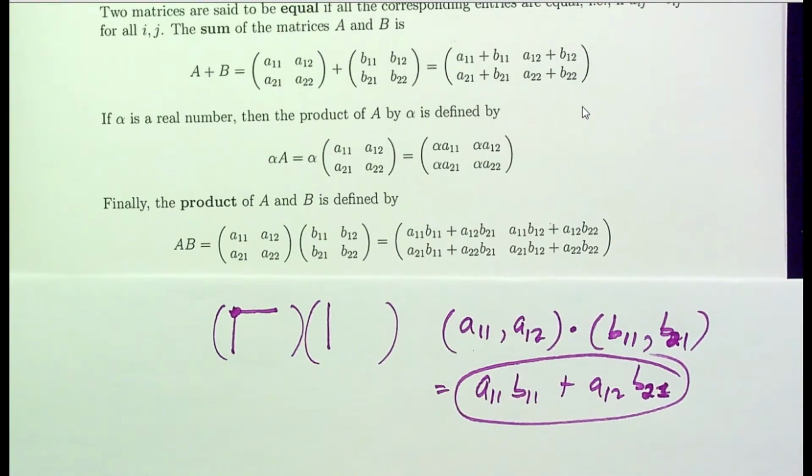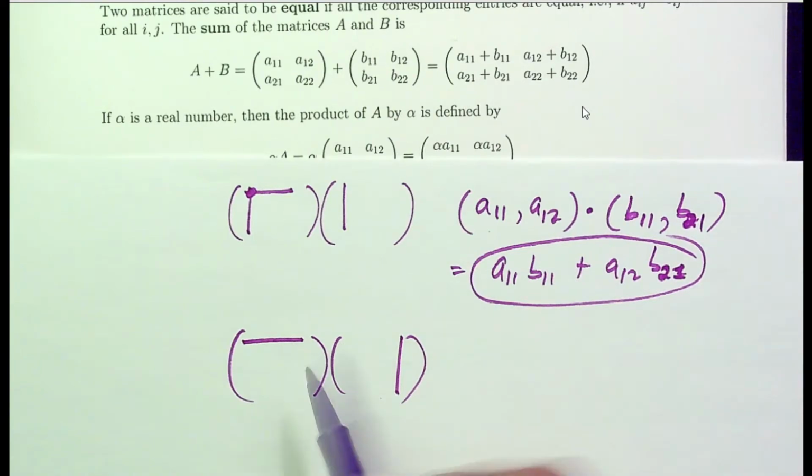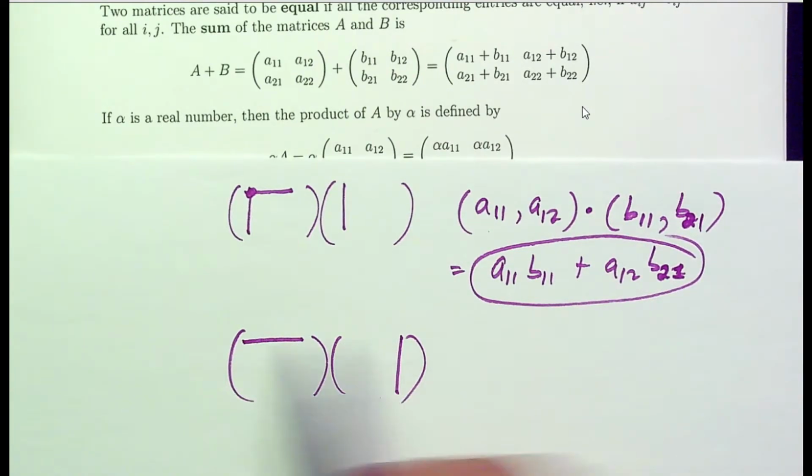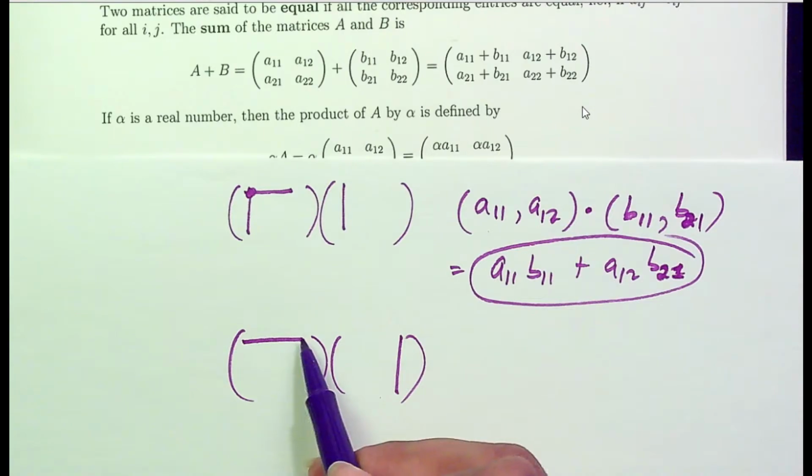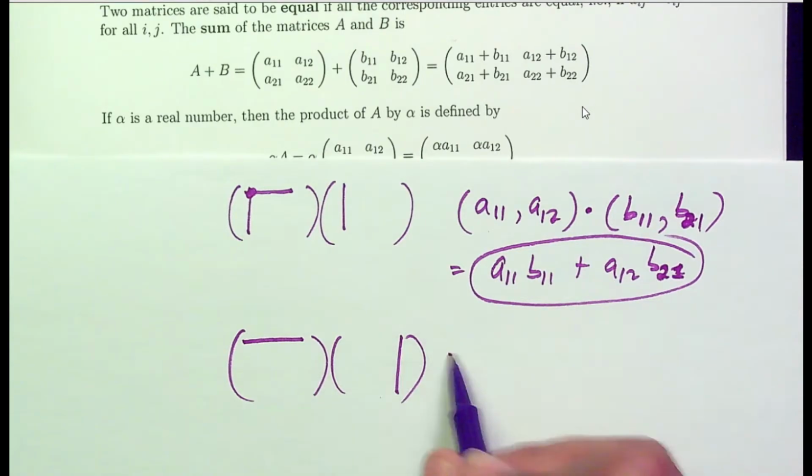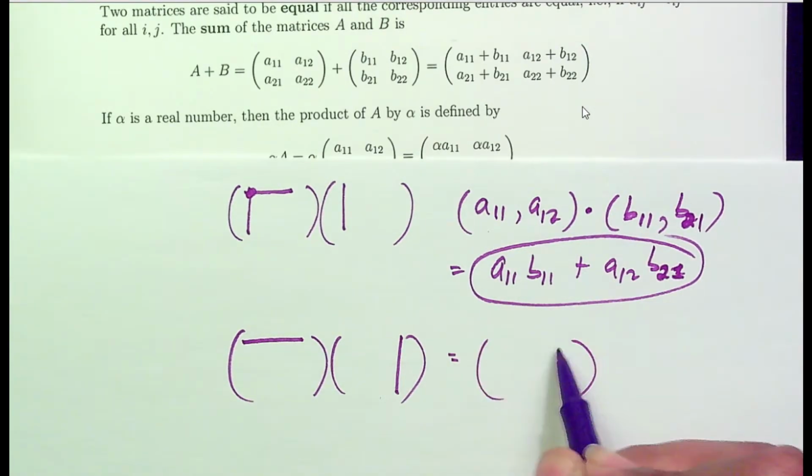And then you can do this row with the dot product of that column, and if you move this line over here, you see that the intersection will be this upper corner. So whatever I get from that dot product is going to go right here.